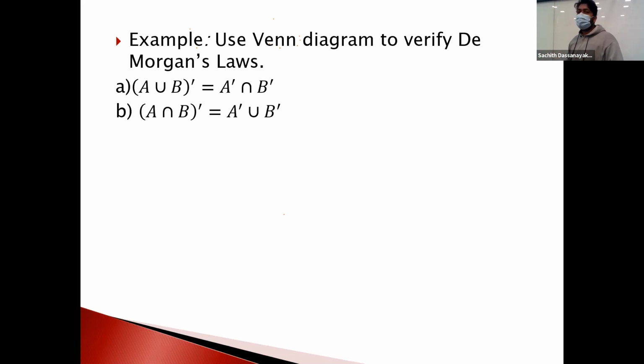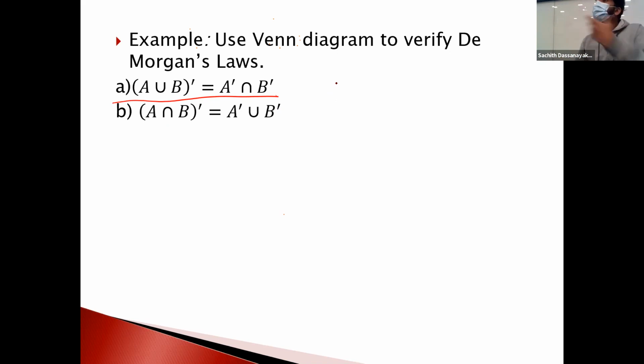I'll show the first one, then you can try the second one. The first one says (A union B) complement equals A complement intersect B complement.